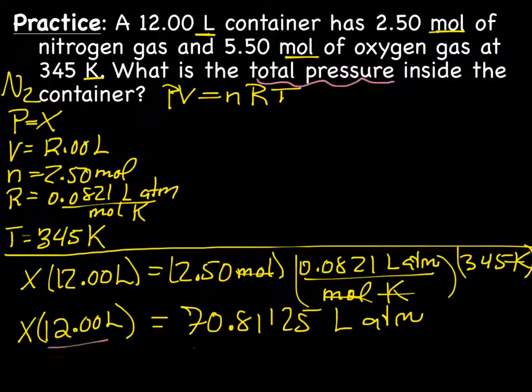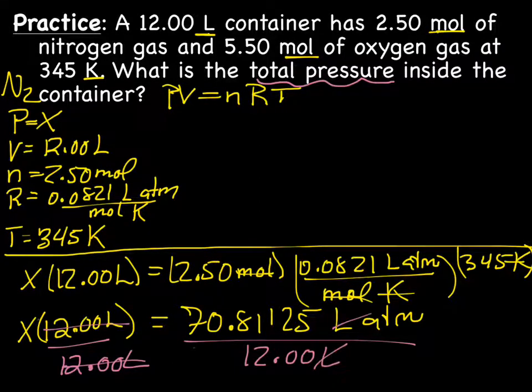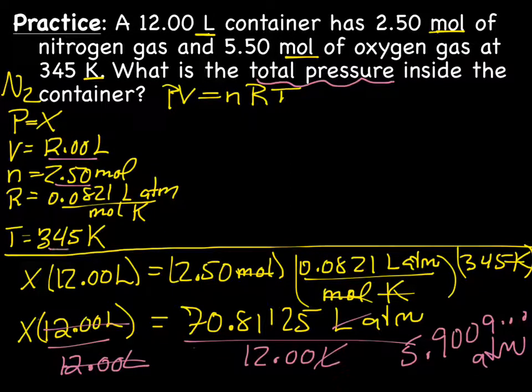And to solve for X, we'll divide both sides by 12 liters, allowing our liters to cancel out. And that gives us 5.9009 and so forth atm. So let's go back and look at sig figs. We have 4 and 3 and 3. So our final answer, the partial pressure for nitrogen gas, will be 5.90 atm.